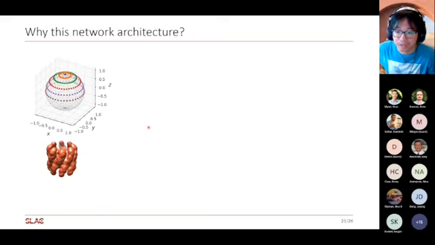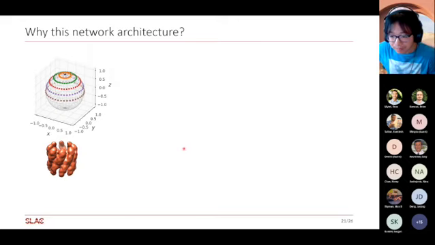Here's a more intuitive view of what each component in the encoder does. Let's imagine we have a 3D particle, like a protein's electron density, sitting at the center of this sphere. We can shoot X-rays from any angle towards the center of the sphere, so we are shooting X-rays from different angles to take diffraction patterns at different orientations.